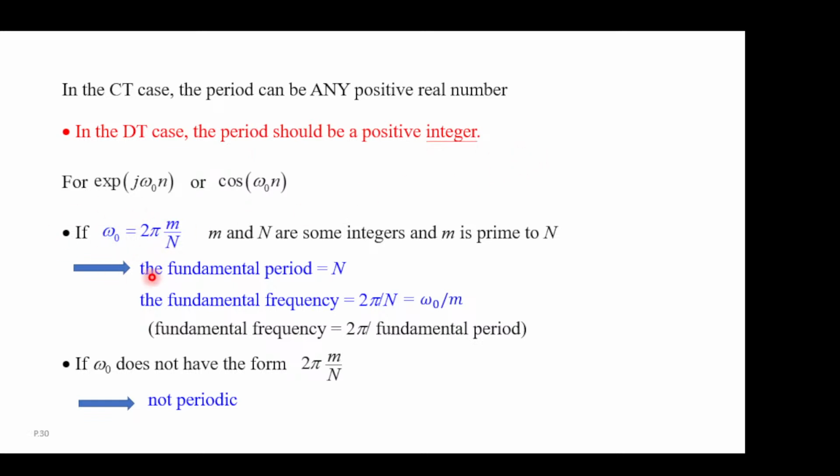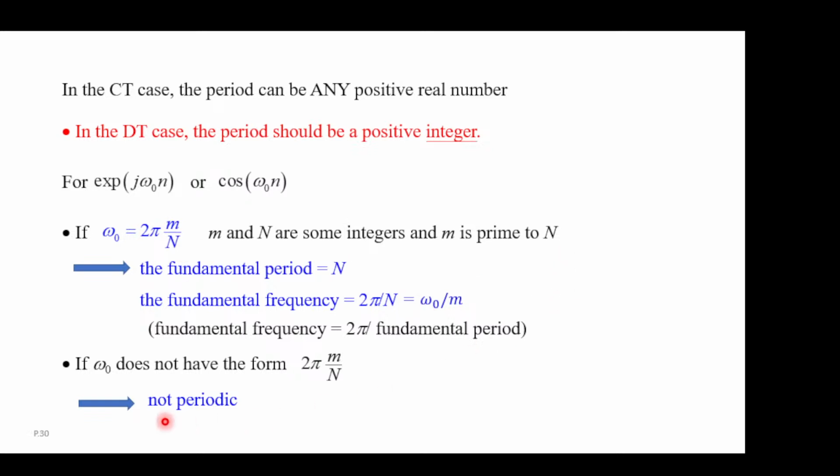So your omega naught must have this form for your signal to be periodic: omega naught should be 2 pi m over n. That means it's a rational number multiplying your 2 pi. And if m and n don't share a common factor, so they are coprime to each other, then you can read off your fundamental period here. This n will be your fundamental period, and the fundamental frequency should be 2 pi divided by n. If you move things around, that should be omega naught divided by m.